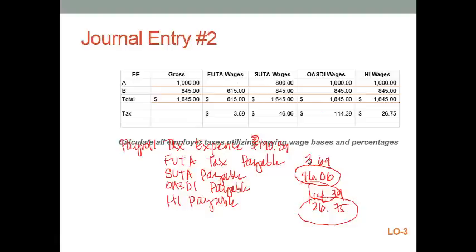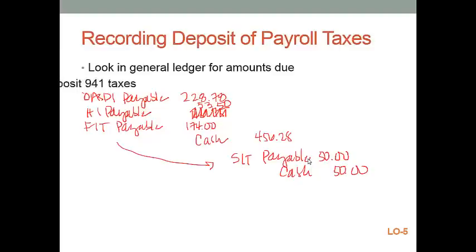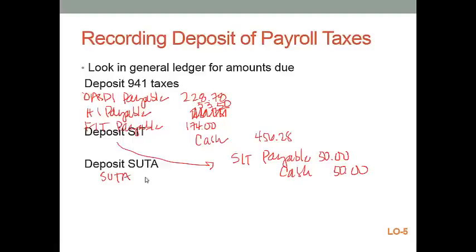So now we need to pay that off. We'll take it out of our SUTA payable. So we're going to debit SUTA payable $46.06 to take it off our books, and we'll credit our cash $46.06. And that's how you make journal entries for payroll.